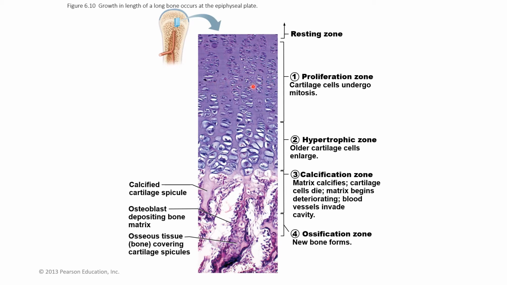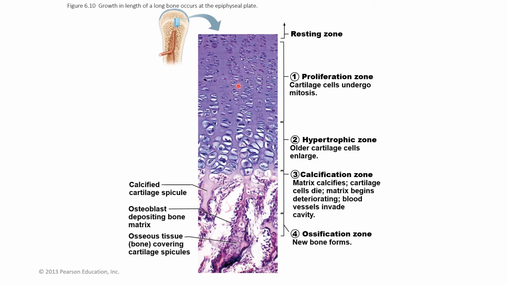This zone contains cartilage cells that are highly active in dividing. As they divide, those new cartilage cells are going to be pushed upwards. As those new cells are being pushed upwards, it's going to push against your bone, again making your bone grow in length.